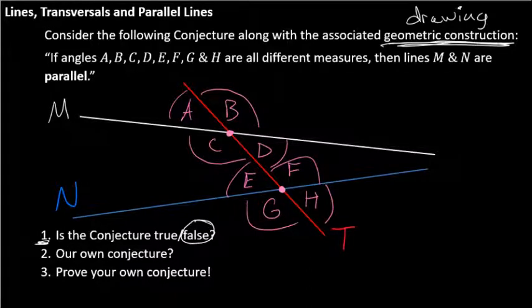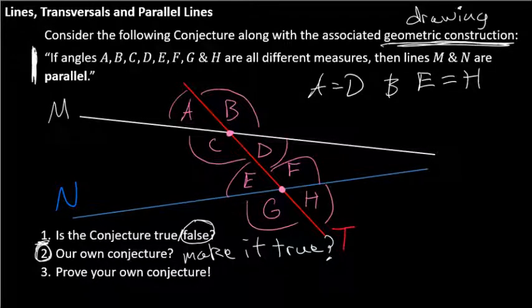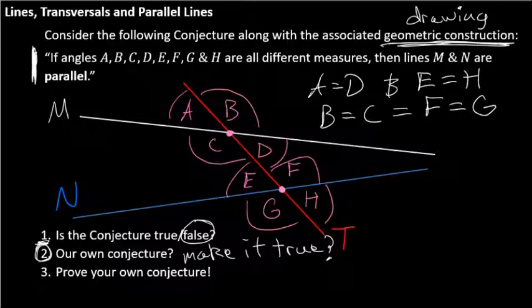Now, what I want you to do on number 2 is answer the question: how do we make this conjecture true? What could we change up? And your answer there is you would have to say A equals D and E equals H, and B would have to be equal to C, and F would have to be equal to G. Okay?